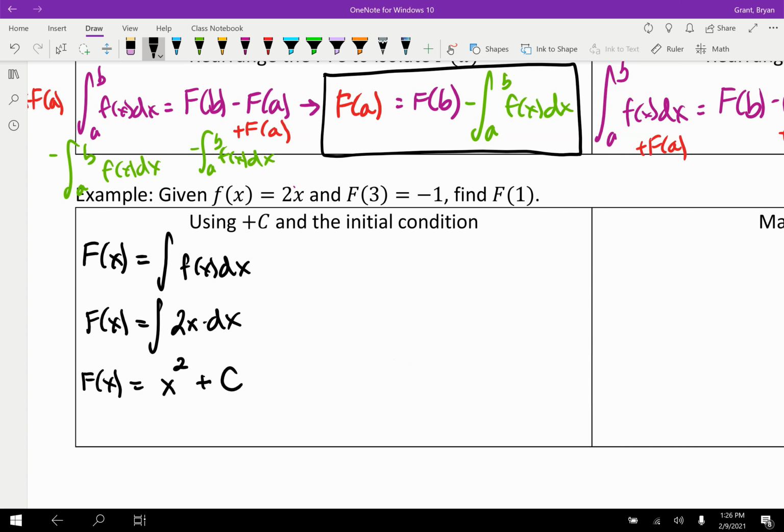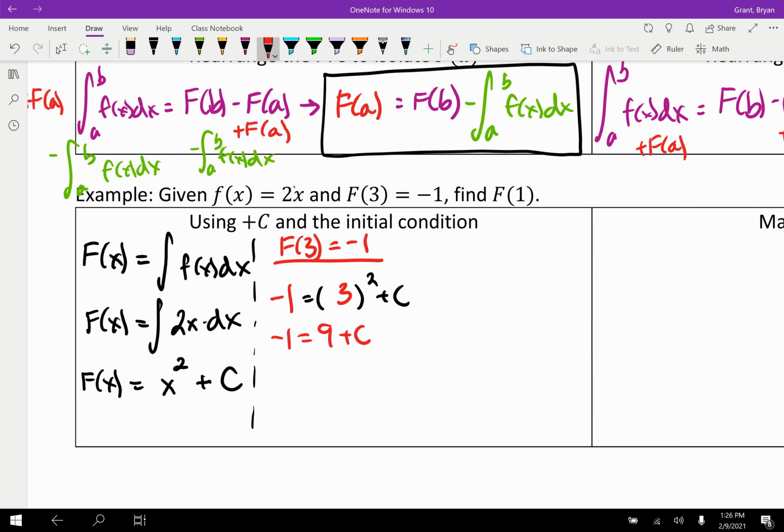We did this in our last unit. In order to solve for c, we know that when we input 3, we get an output of negative 1, and so that's going to give us negative 1 equals 3 squared plus c. Solving, negative 1 equals 9 plus c, it looks like negative 10 equals c.